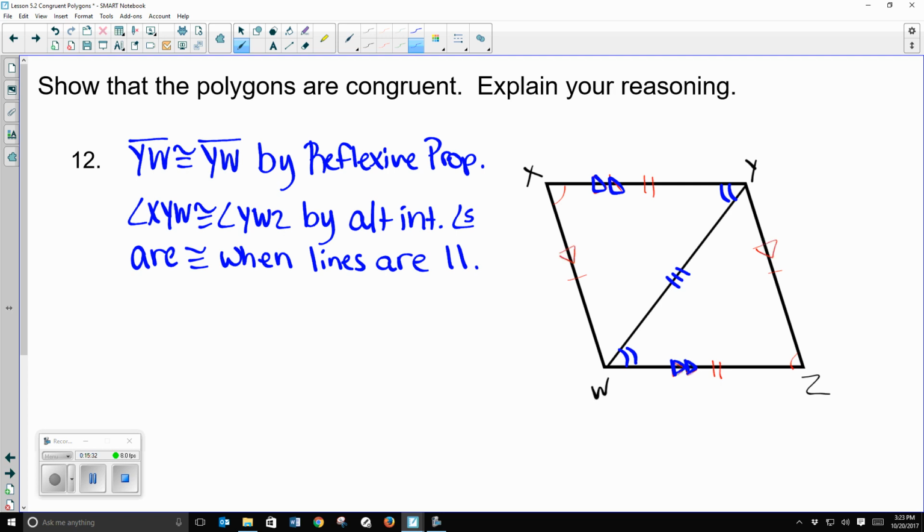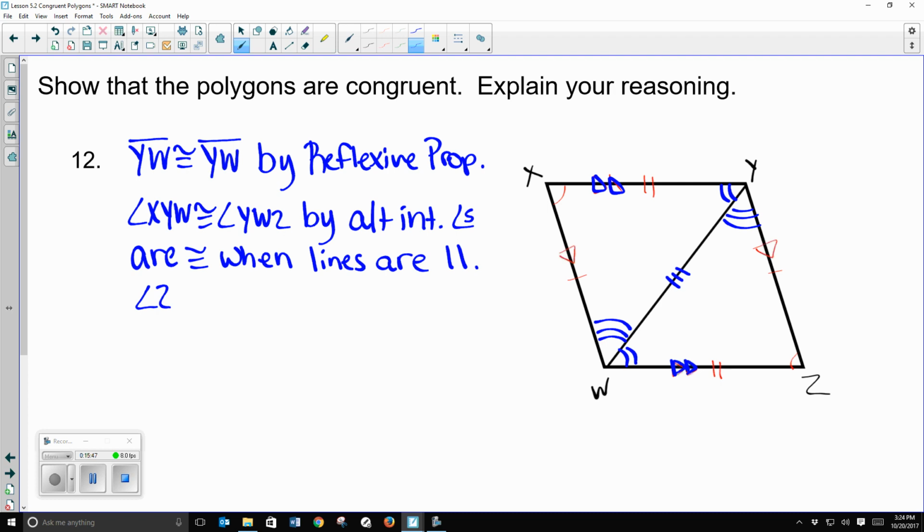Then we know that these two angles are congruent by the same reason. So we can either say they are congruent by the third angle theorem, or we can use the parallel lines idea. But I'm just going to use the third angle theorem.